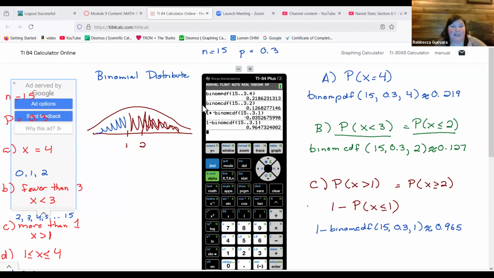Okay, so our very last one here is going to be D. D is going to be a little interesting because D is the probability that we're looking at a value between 1 and 4, including 1, including 4. So we're actually looking for 2 things here.